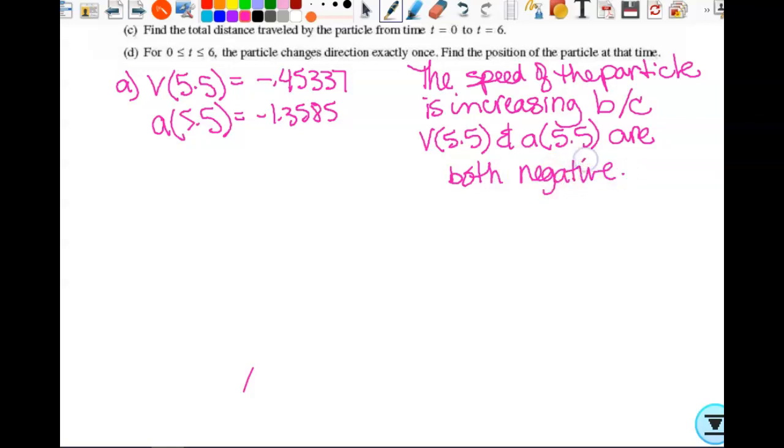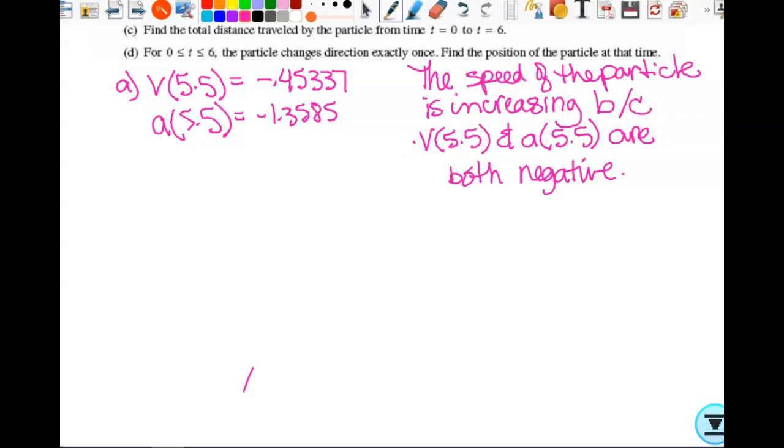Here's what you can't say. You can't just say because they have the same sign. If you say that, you still have to say if they're both negative or both positive. You could say the velocity and acceleration are both negative at t equals 5.5. That's fine also, but since I put it in there, I didn't have to say that.